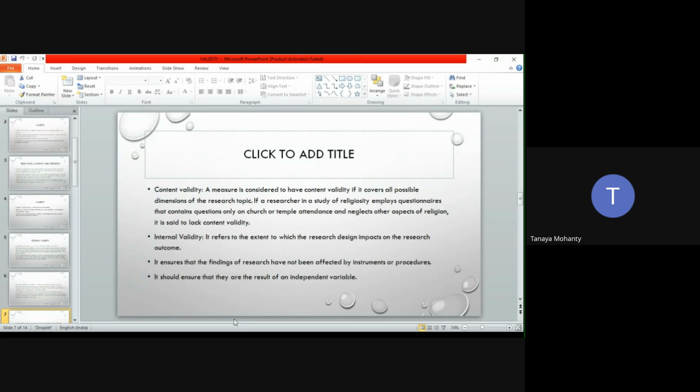And any kind of invisible extraneous variable that I'm not aware of, I cannot talk about it because I'm not aware of it. There could be certain things affecting my study, but somehow I am missing out on those things. The way Hawthorne was not aware that it is his presence that is affecting his own study, that is affecting the idea of productivity.